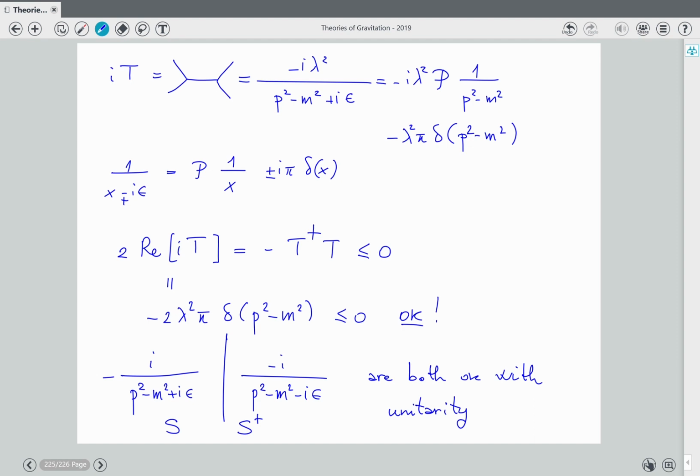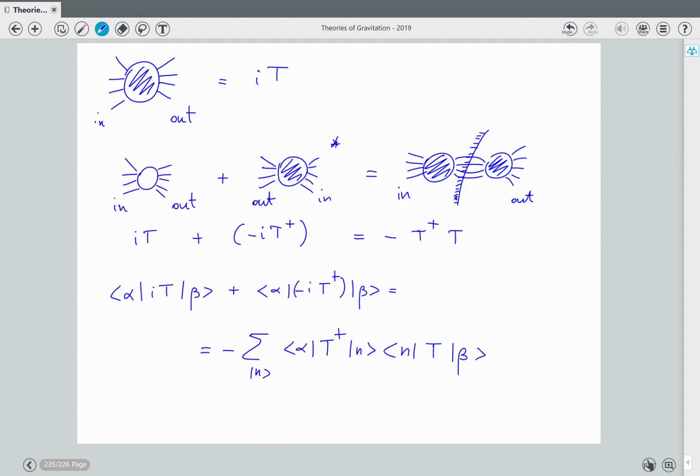They coexist only in these identities, but just because you have plus i epsilon on one side and minus i epsilon on the other side, plus i epsilon in this ingredient, minus i epsilon in that ingredient. Otherwise, in Feynman diagrams, these are not Feynman diagrams, these are other diagrams. They are called cut diagrams. But in Feynman diagrams, you cannot have both.